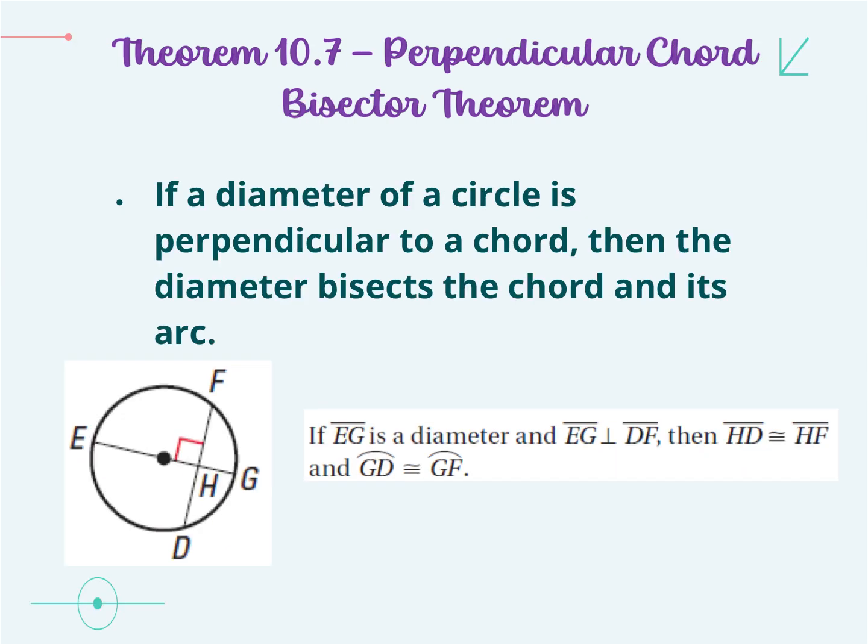All right, this one is perpendicular chord bisector. We know what perpendicular is, lines intersecting at a 90-degree angle. We know what a chord is. And bisector means cut it in half. It bisects it.